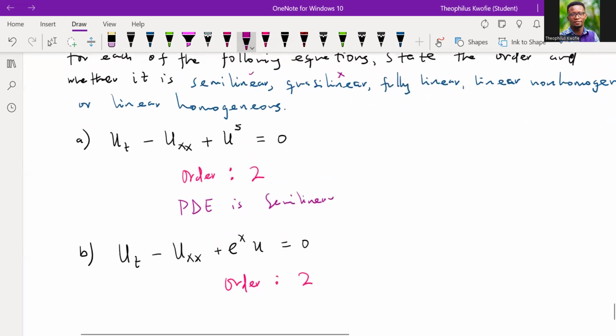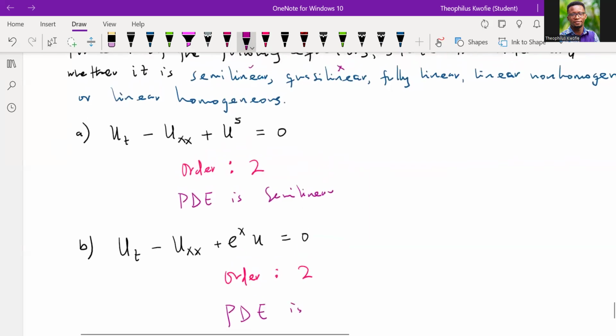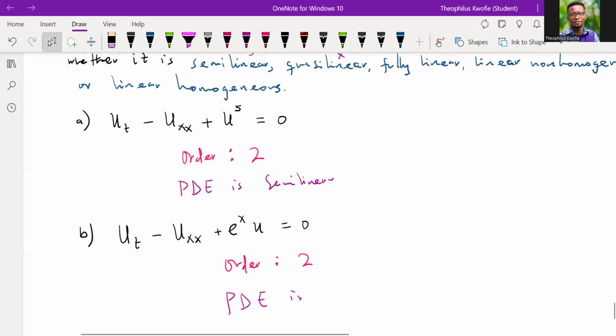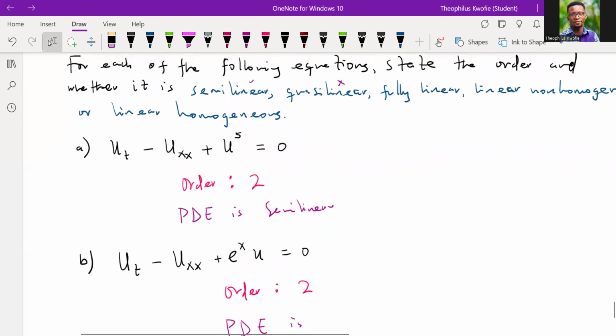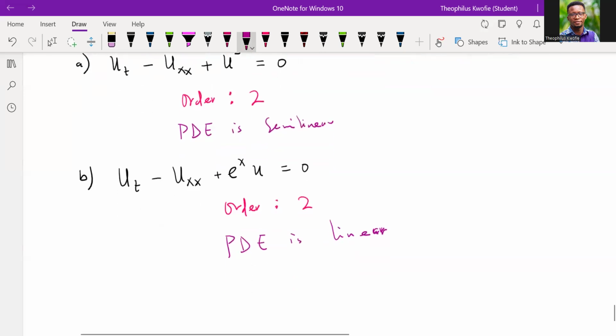But is it semi-linear, quasi-linear, fully linear, linear non-homogeneous, or linear homogeneous? So the PDE is what? It's linear, right? We said that if the function c contains u in a linear way, it is linear. So this PDE is linear. Good, good, good. My students are so good.